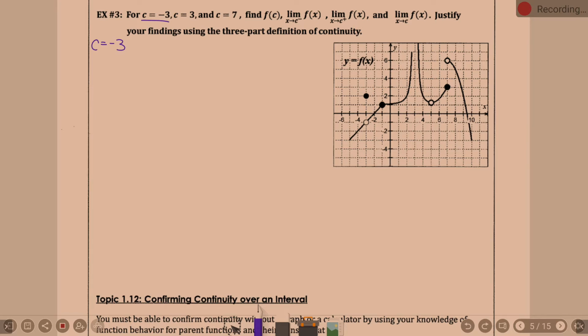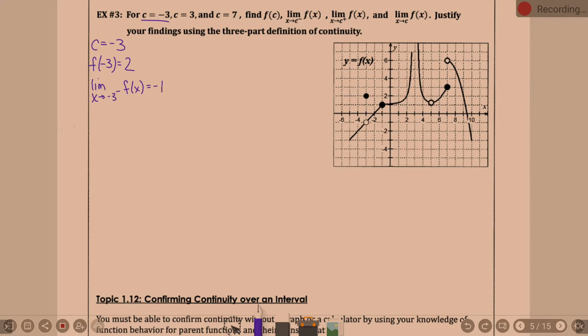Okay, so what do we know at C equals -3? If I say what is f of -3, what are you going to tell me? 2, because that is where the point is, yes? Okay. What is the limit as x approaches -3 from the left of f of x? You guys good with that?